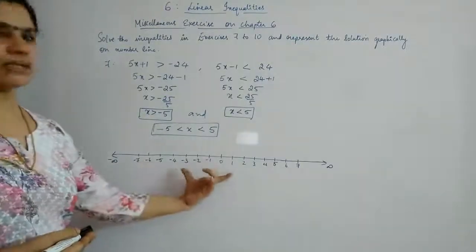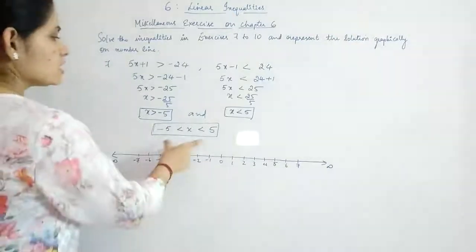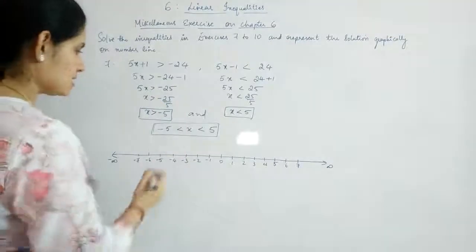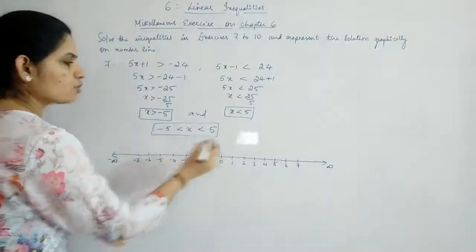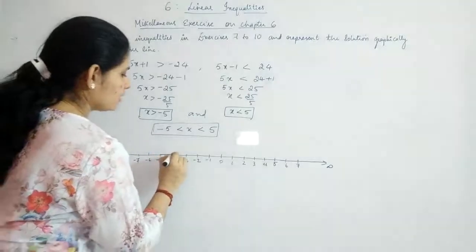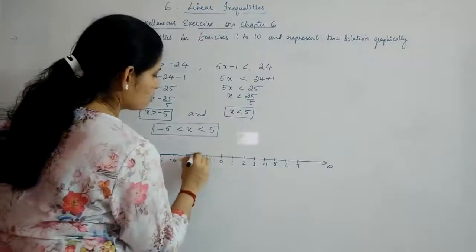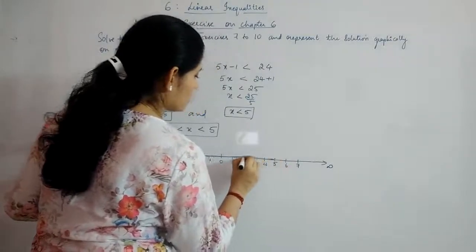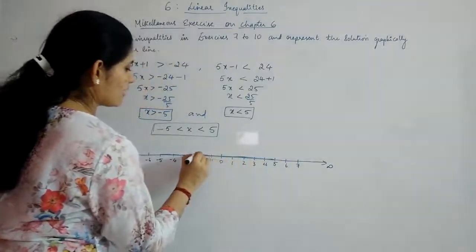So, I have drawn the number line. Now, we will show the region showing this solution as minus 5 to 5. We have to draw a darkened line from minus 5 to 5, highlighting that portion which is the solution of x.